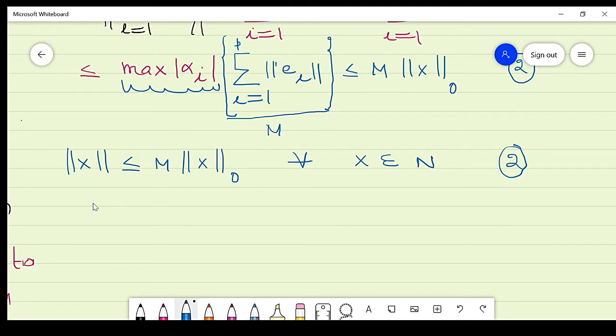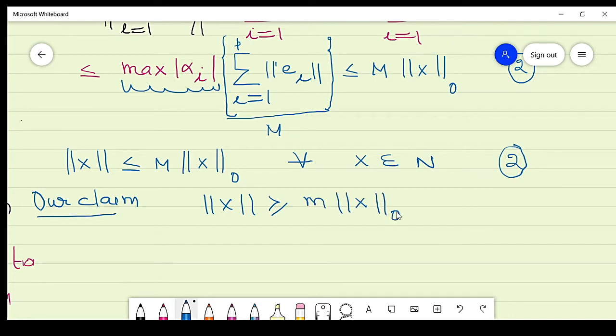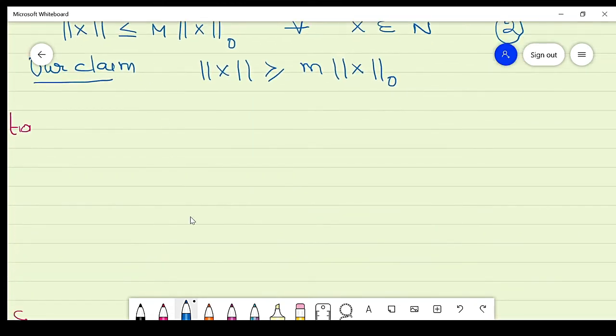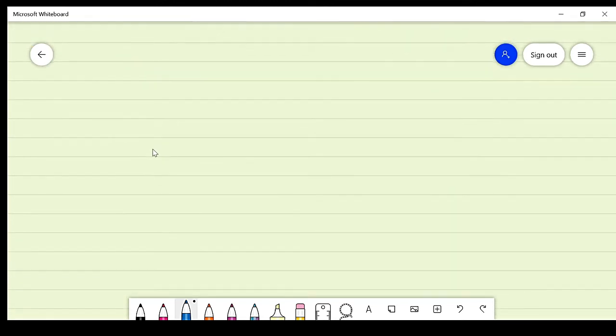Now the second part. Our claim is that norm of x should be greater than or equal to small m constant times norm x0. So that is our second part. The first part is less than or equal to, and the second part is greater than or equal to these values.